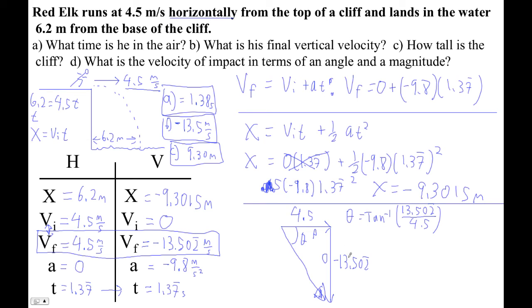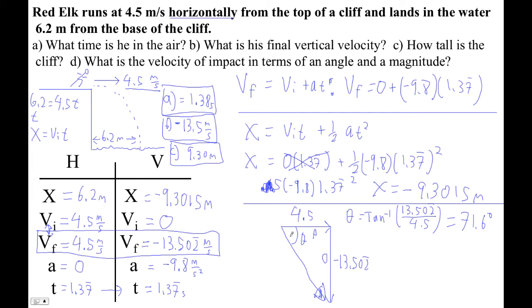Notice I'm ignoring the minus sign there because I really don't know what to do with that. I typed a bunch of 2's, you can't tell. 71.6 degrees. All right, so that angle right there is 71.6 degrees.